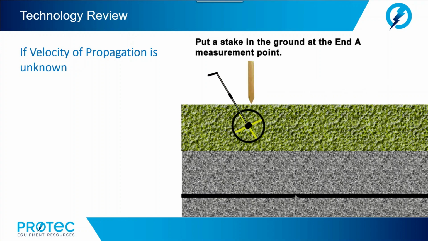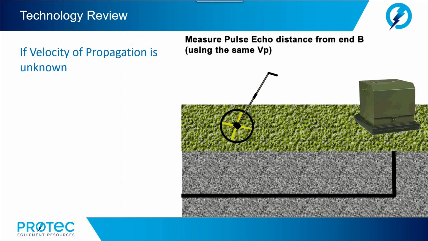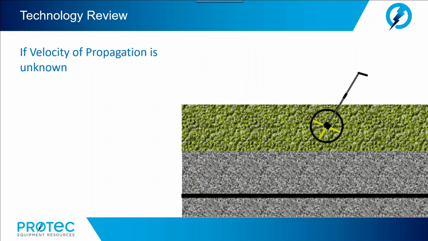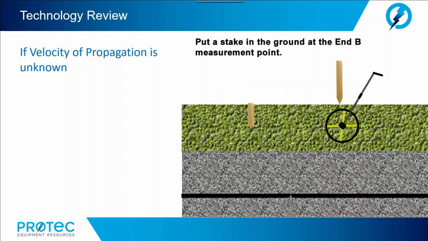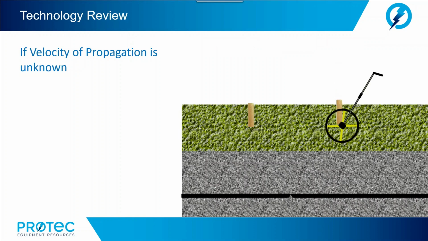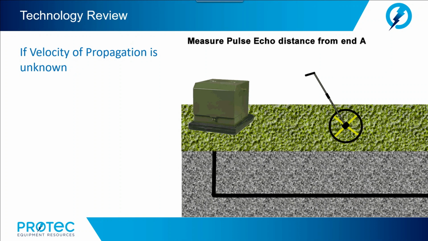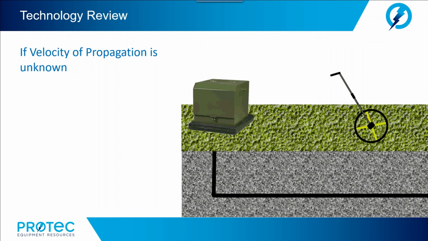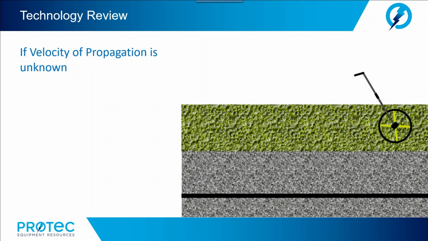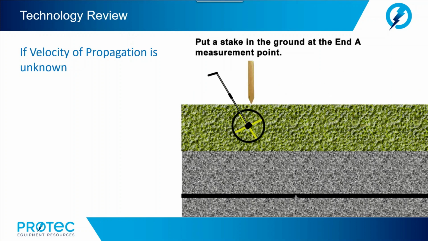The fault or event that we're looking for will be between the two measurements. If the two measurements fall substantially short of one another, we can increase the velocity, retake our measurements, bringing the markers in closer. If we overshot the event from both ends, we can decrease the velocity, reshoot the line, and bring the markers in closer.